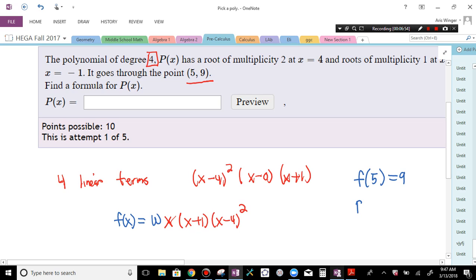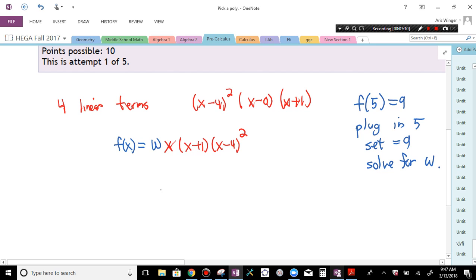And so then plug in 5, set equal to 9, solve for that final number. 9 equals the thing we're looking for times 5 times 6 times, we're plugging in 5, 1 squared. 9 equals 30 omega.